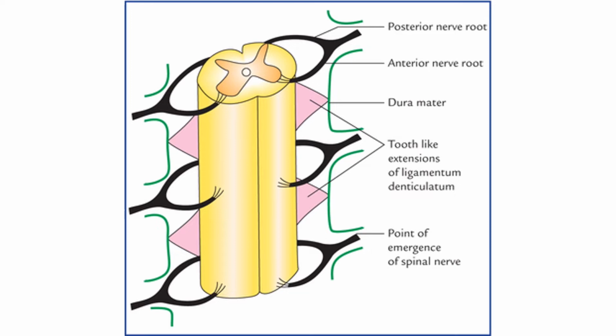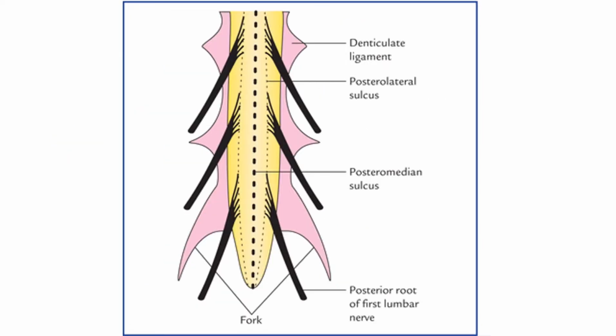Let us clarify this situation. In this image, we can see that the spinal nerve comes almost horizontal, coming from the spinal cord going towards the intervertebral foramen. Later, when the vertebral column grows more rapidly than the spinal cord, then we have this situation.